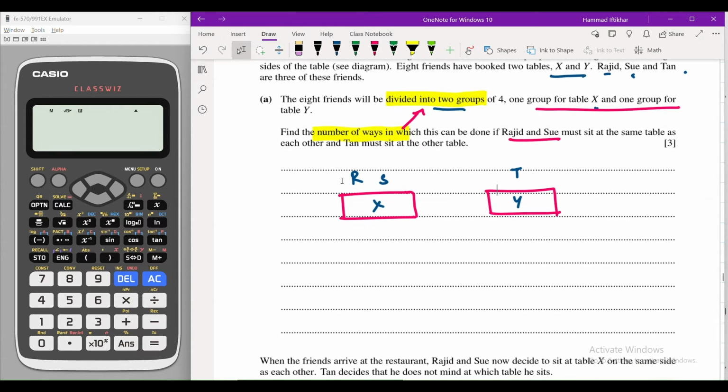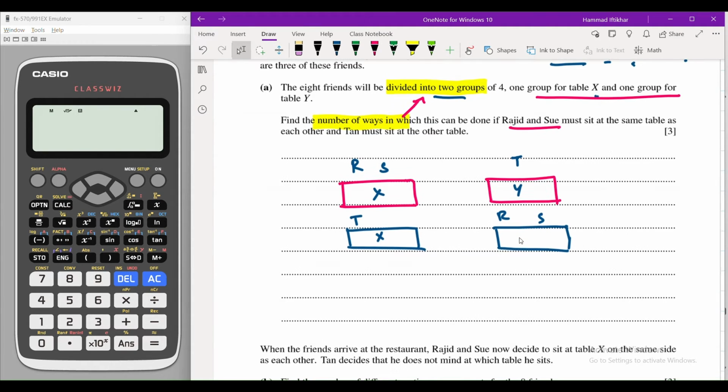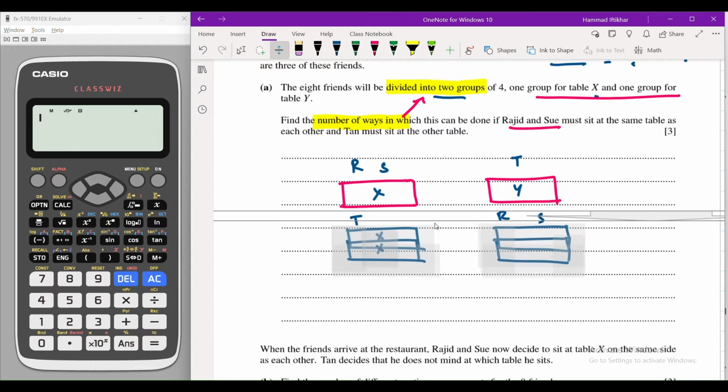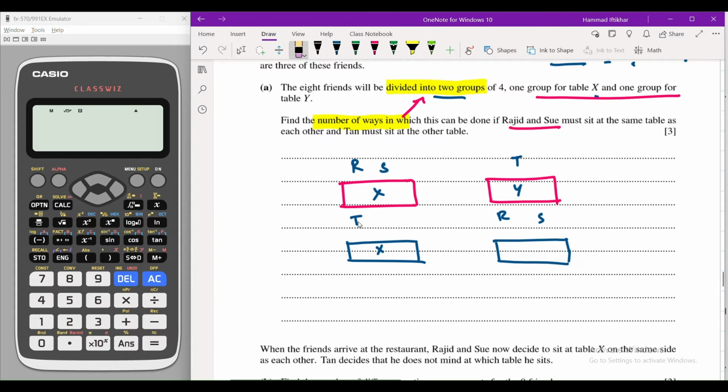There's another possibility that Rajat and Sue are on table Y and Tan is on table X.